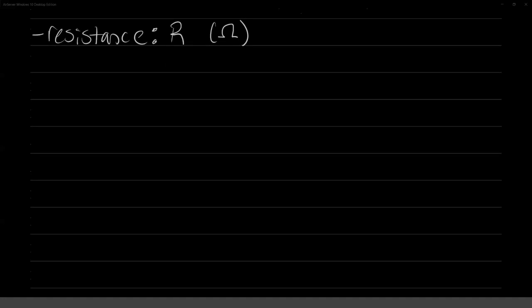If you're trying to calculate resistance and you're given a resistivity, you can use this equation: rho times the length over the area. I think we had a couple of homework problems like that, where it gave the length of a wire, the diameter of a wire, and the resistivity, and you calculate the resistance.